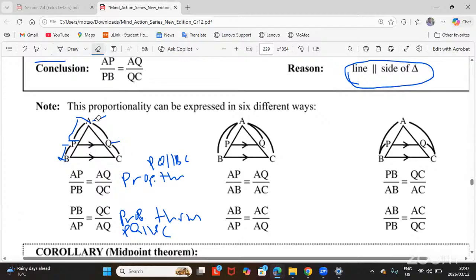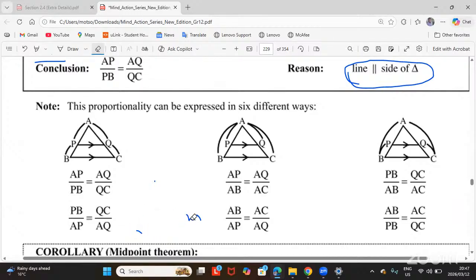Now, let's go to the next diagram on this side. We are having this triangle. I think it will be a waste of time, this thing of me erasing and writing, erasing. Let me just go ahead. We are having this triangle again, ABC, and we are given that PQ is parallel to BC.